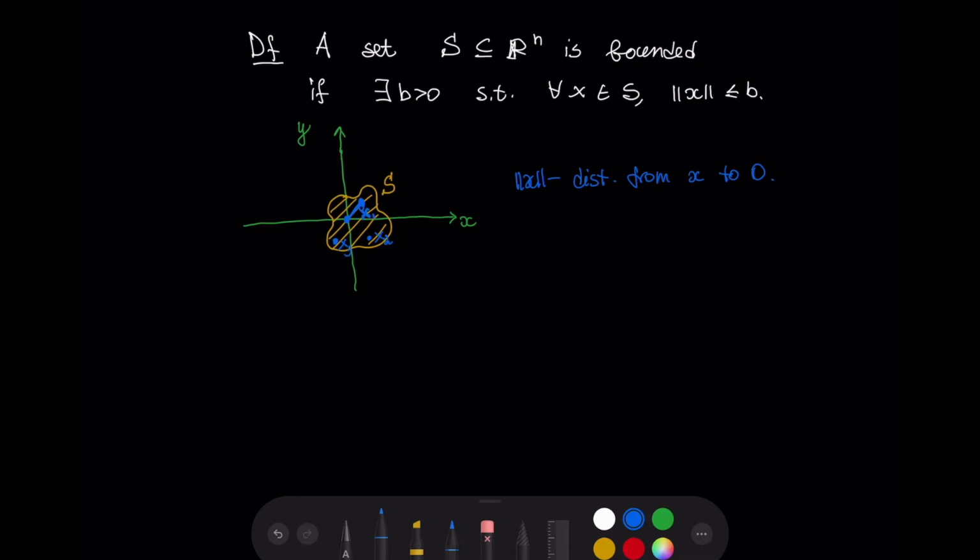No matter what element in the set S I take, whether it be x1, x2, or x3, or any other element, the distance from that element to 0 is going to be bounded by some number that is predetermined. Let me just draw here a circle of radius b. Let's say that this is a positive number b, and I'm going to draw a circle of radius b.